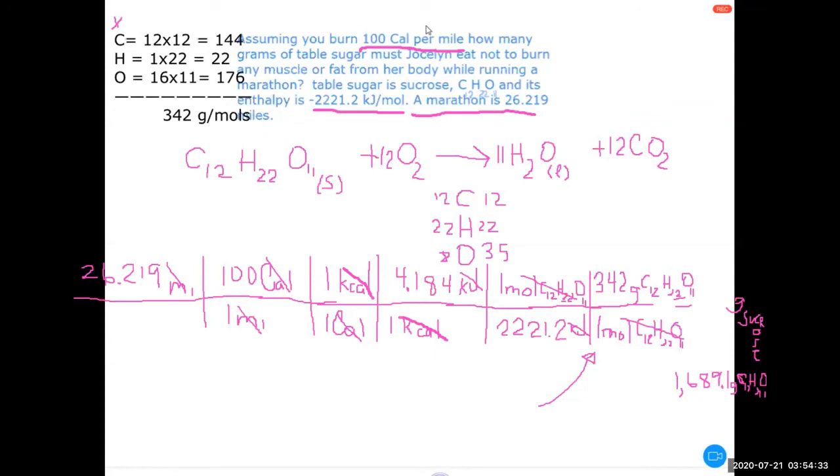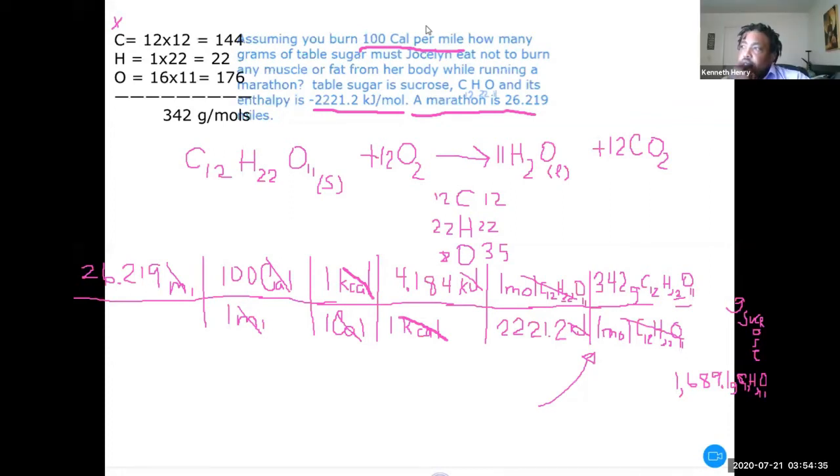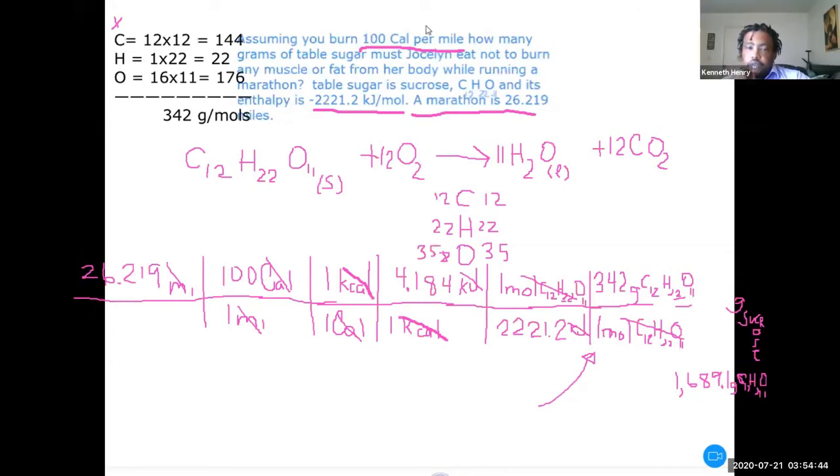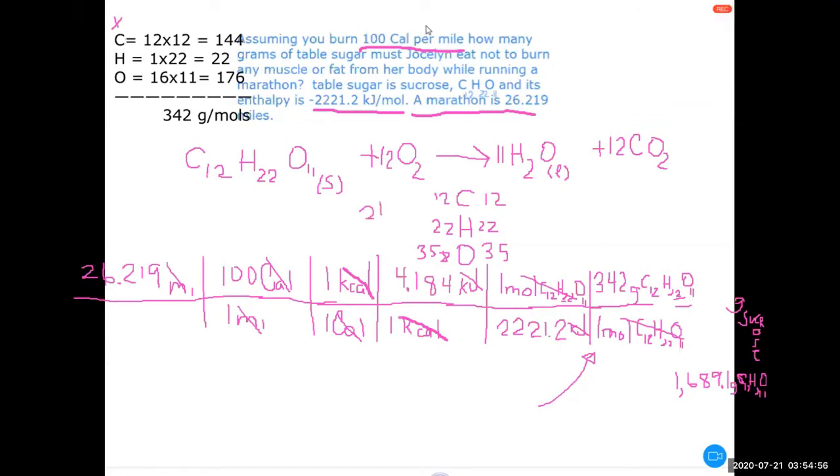That's just confusing me right there. I know that I need to keep the sucrose as is. We have 35 oxygens over here. For it to be balanced on both sides, this has to be 24, plus 11 that you're getting from here.